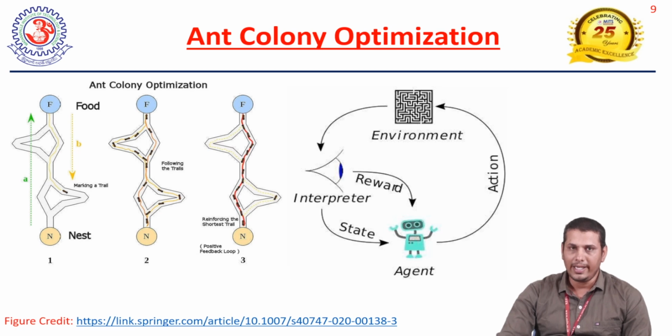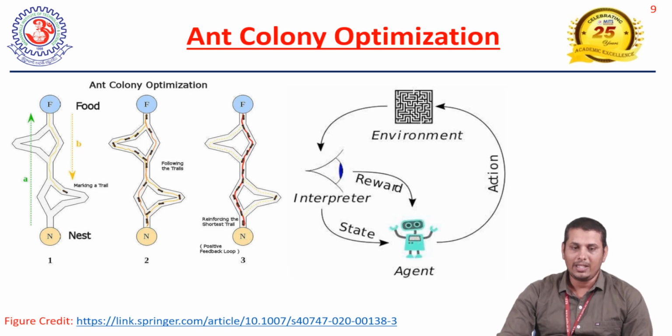And the last diagram deals with how an ant can keep track based on the minimum path. Okay, because transferring of information is the main thing. So whenever I'm finding a solution, it has to be a minimal or optimal one. Optimal one is nothing but the best fit in that environment.